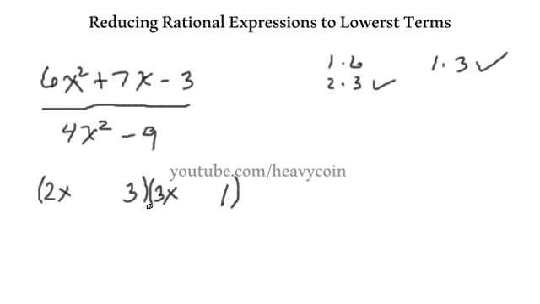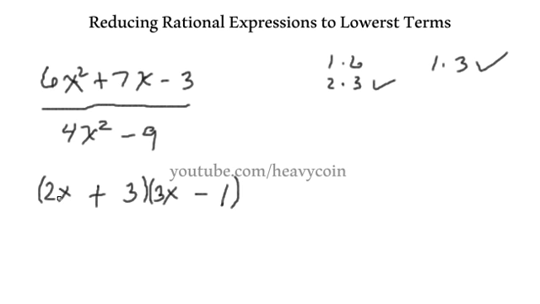Okay, so 2x times 3x is 6x squared. 2x times 1 is 2x, and then we have a 9x here because this would be 3 times 3x. And 2 and then 9, so we got to think about this. We want to get a 7 here, so this is going to need to be a plus, and then this is going to be a minus.